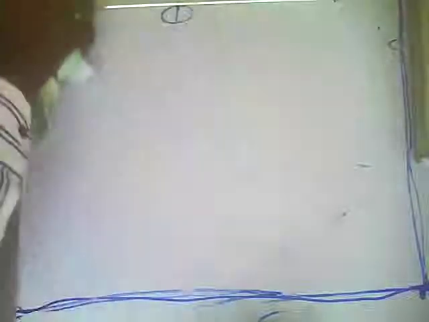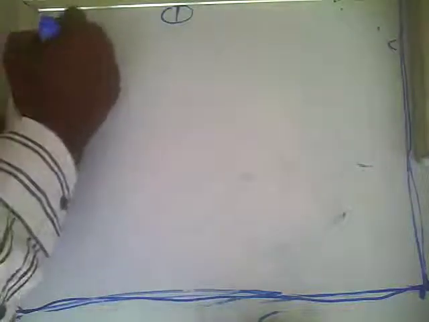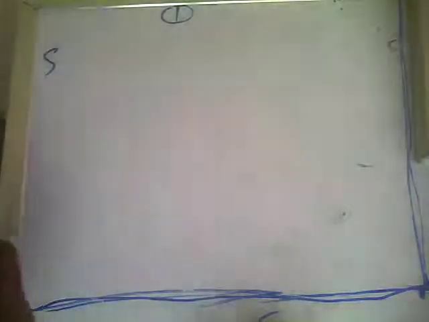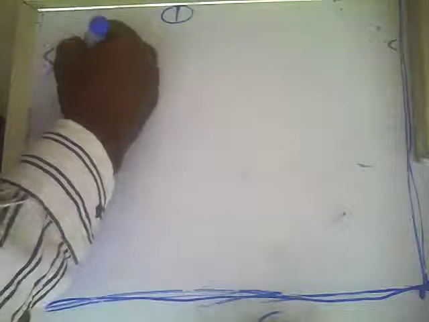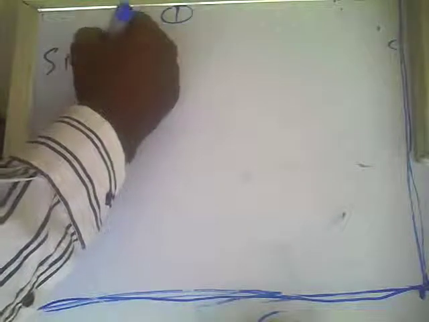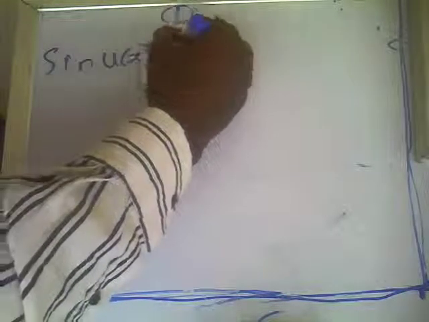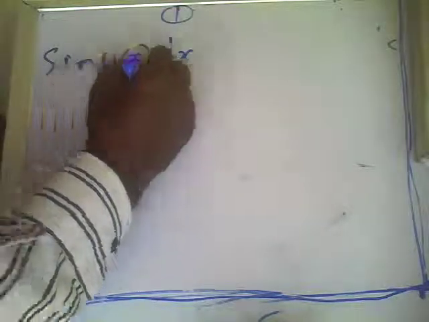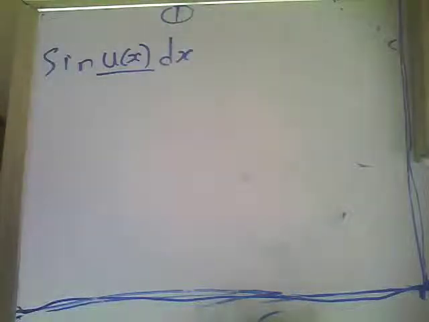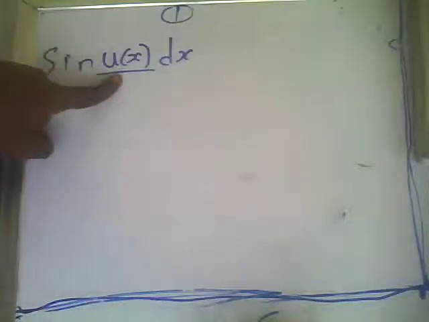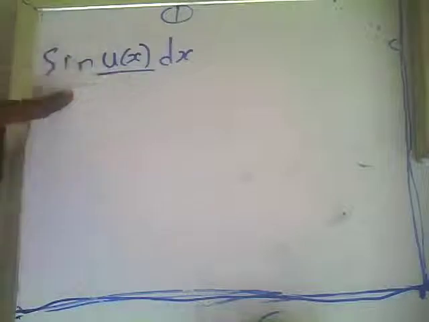The idea is a simple thing. If we have sine u of x dx, remember that this u of x is a function on its own. This is like a function of a function, because we have a trig function and then another function inside it.